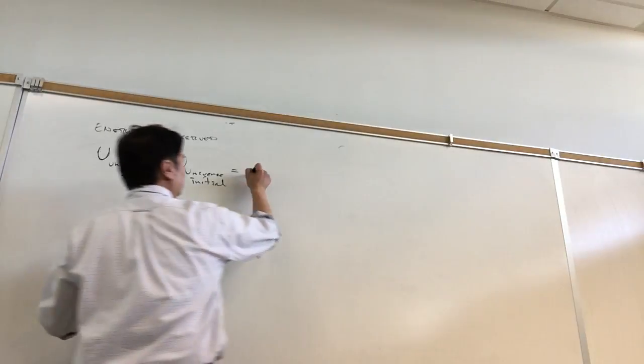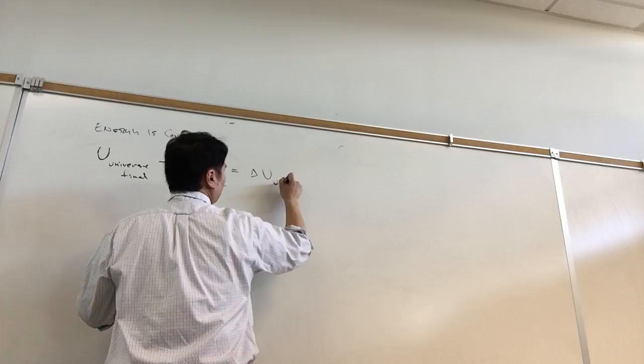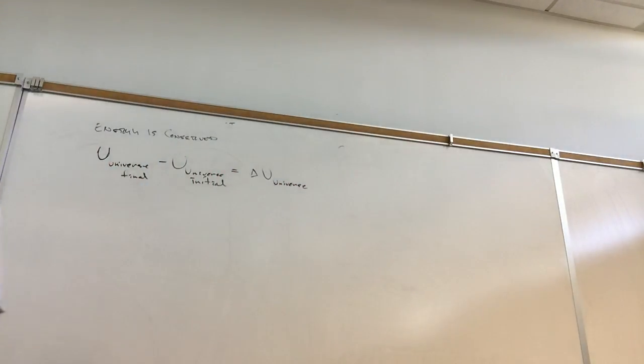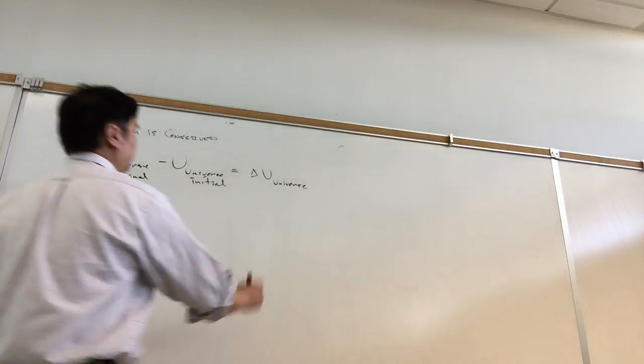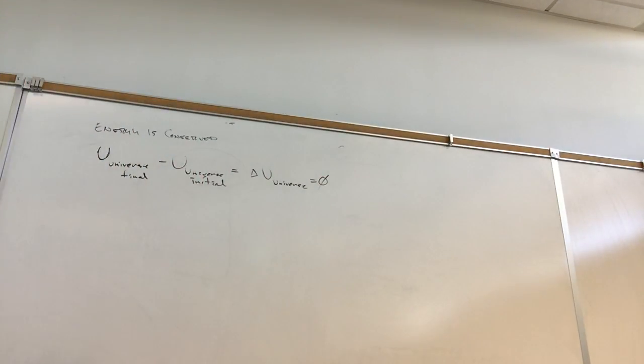Well, this is equal to delta U of the universe. What is delta U of the universe? 0. If the energy of the universe never changes, then what are we dealing with? Exothermic, endothermic, etc. What we're dealing with are just exchanges of energy between the system and the surroundings. But the net energy, there's no change.